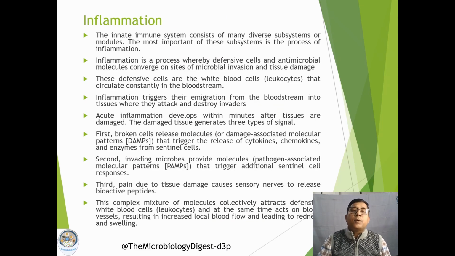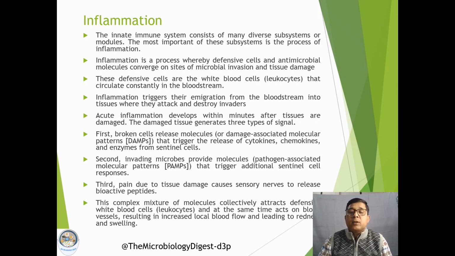Next, another very important phenomenon of the innate immune system is inflammation. As we have already discussed, the innate immune system consists of diverse subsystems which work one by one for elimination of the invaders.